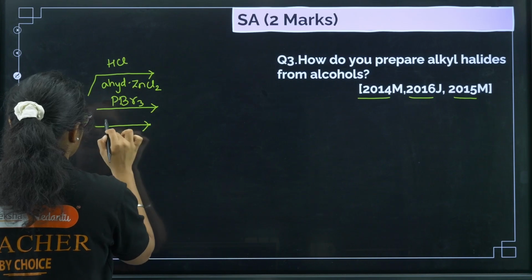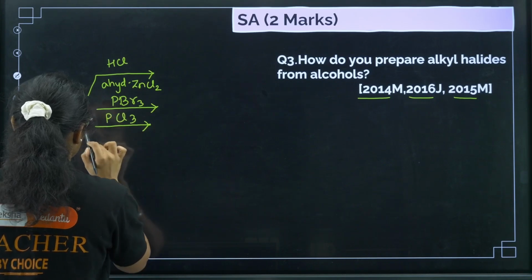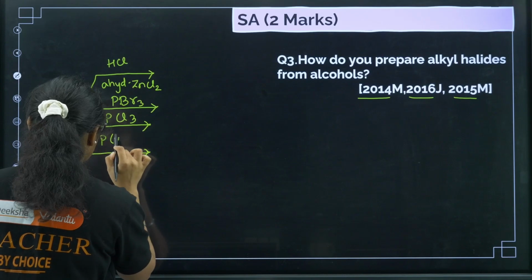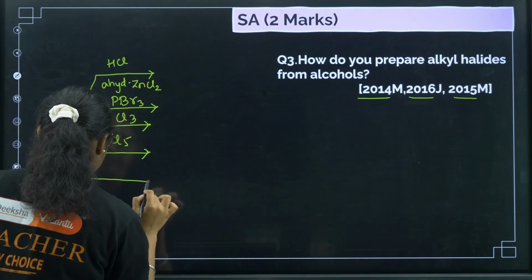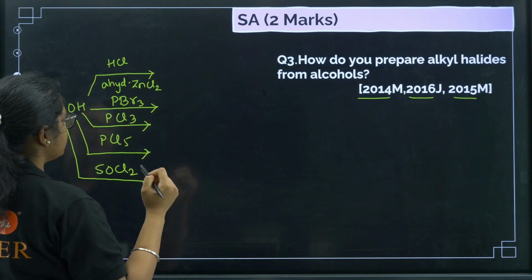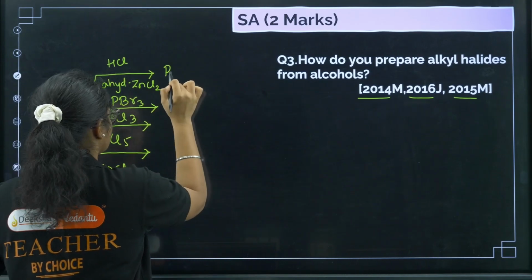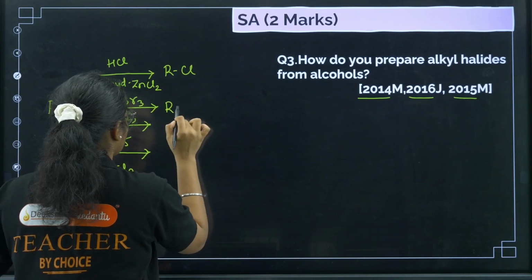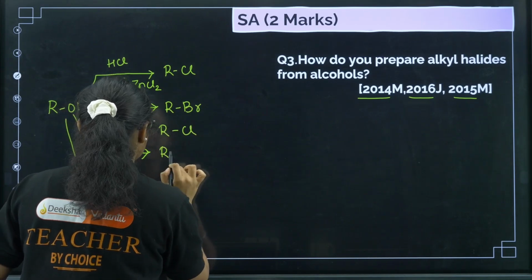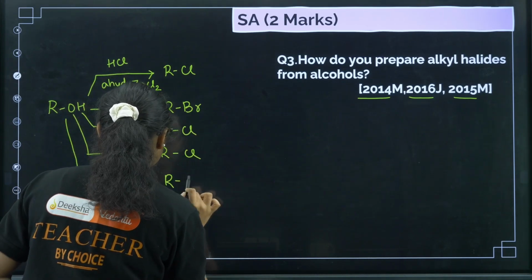You can treat it with PCl3, then you can treat it with PCl5, right? Then you can treat it with SOCl2, right? So these all will give you haloalkanes. This one will give you RCl, this one will give you RBr, this one will also give you RCl, this one will give you RCl, this one will give you RCl.